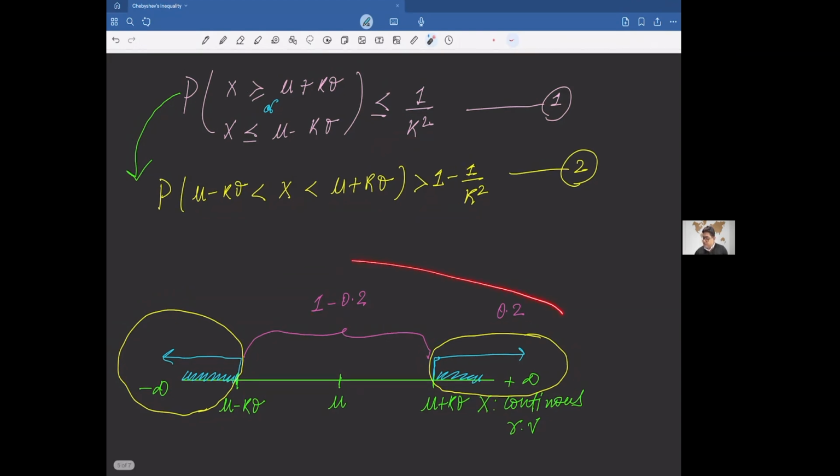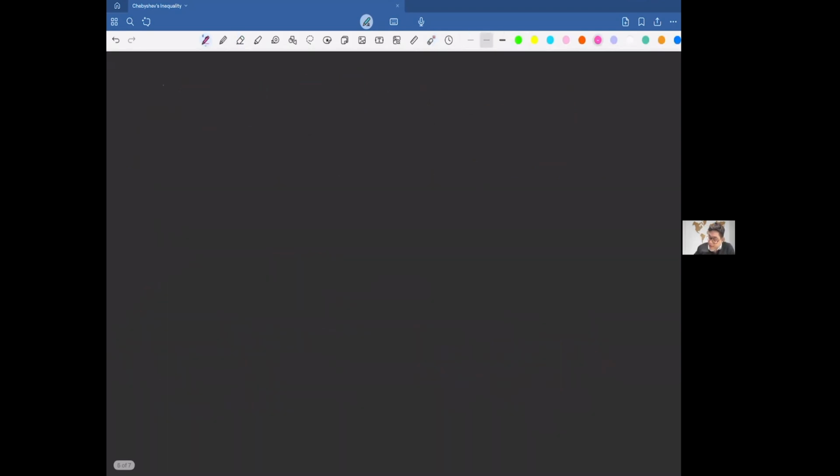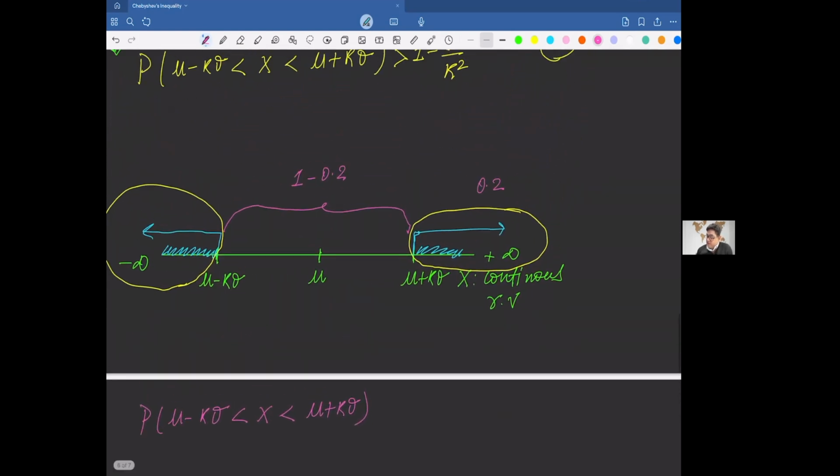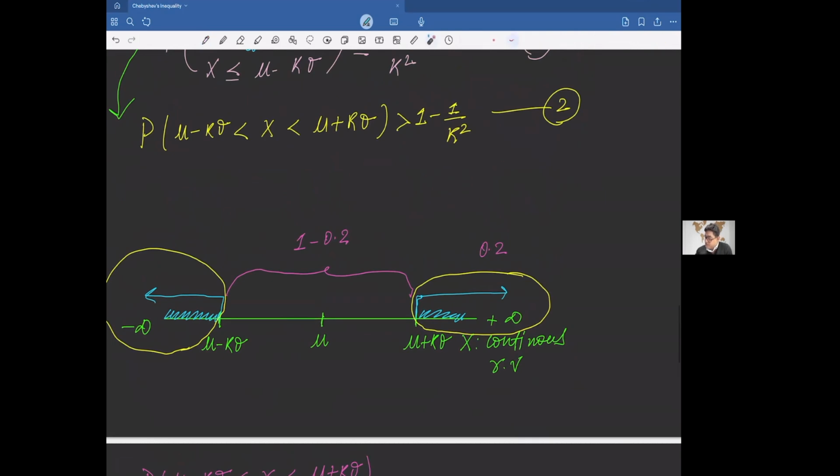Now, keeping these things that we have just understood, we can write this as probability of mu minus k sigma less than x less than mu plus k sigma. That is, I am writing here this region.